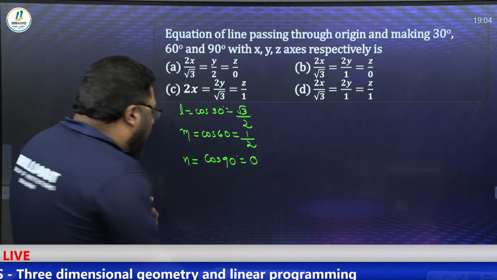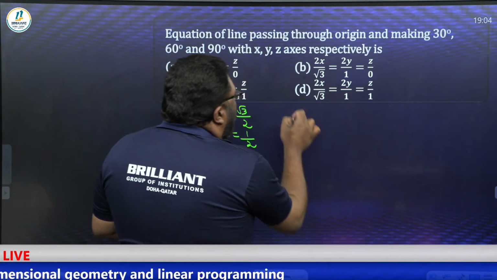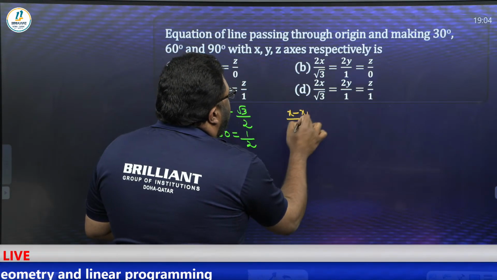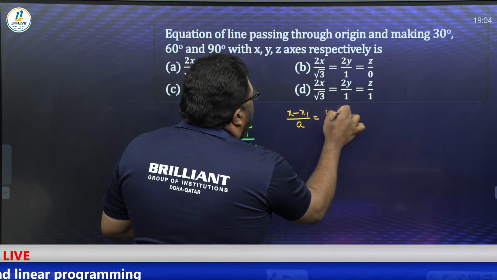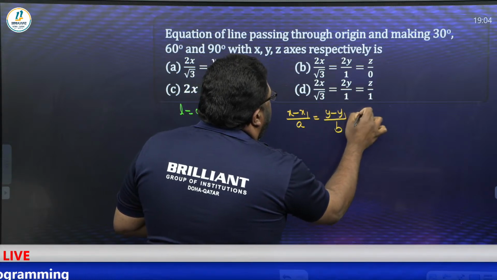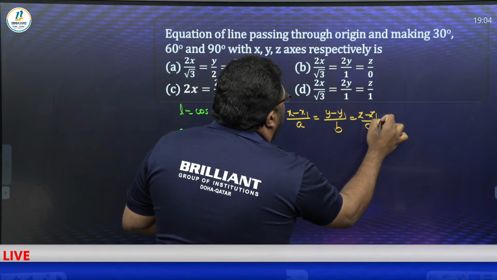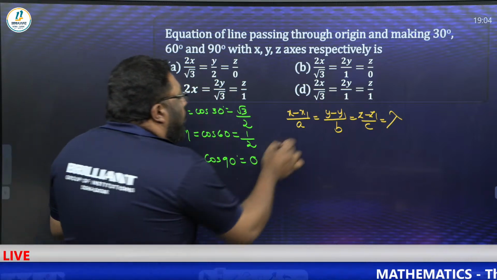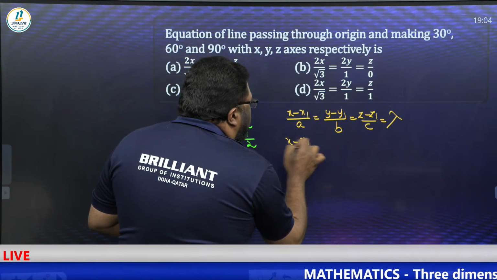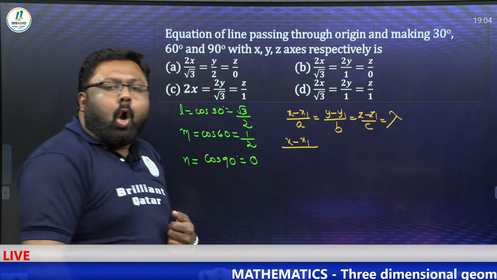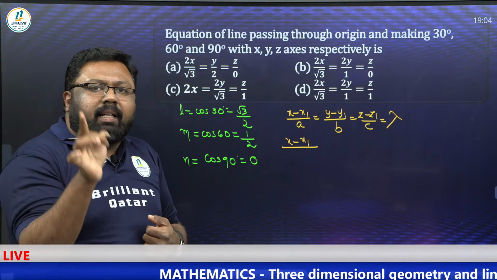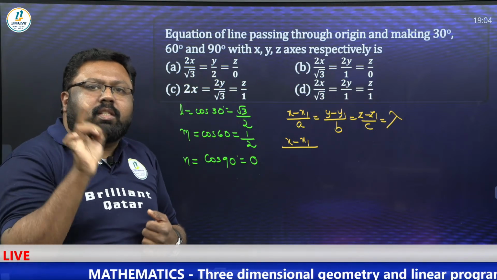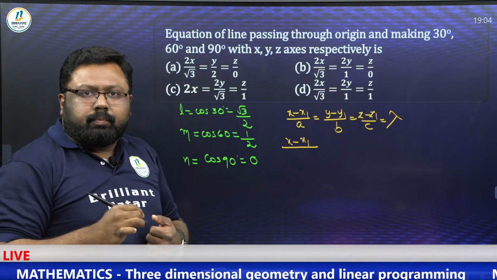According to the Cartesian form of a line, the equation is x minus x1 by a, y minus y1 by b, z minus z1 by c, equal to some arbitrary constant, say lambda. But these direction ratios are actually obtained by multiplying the direction cosines with the magnitude.